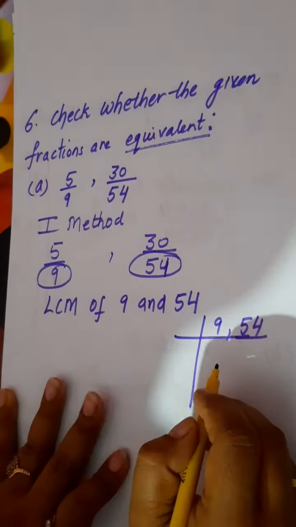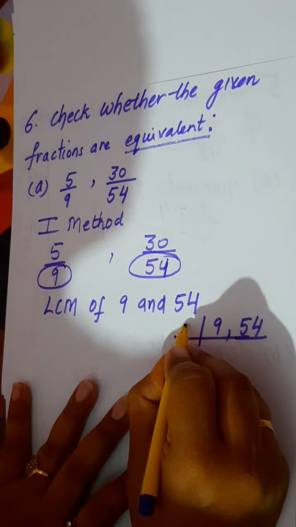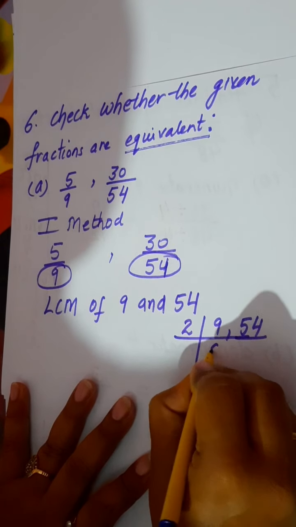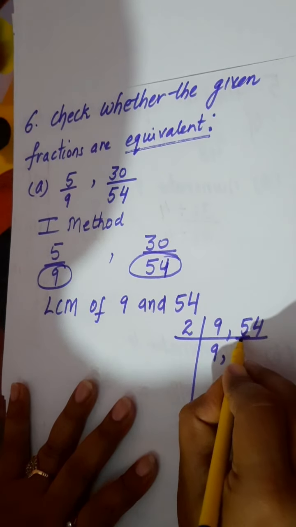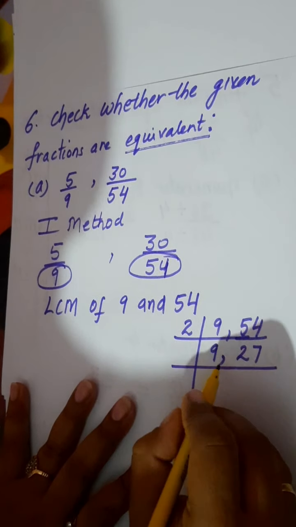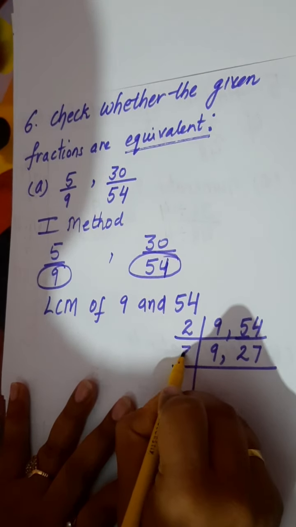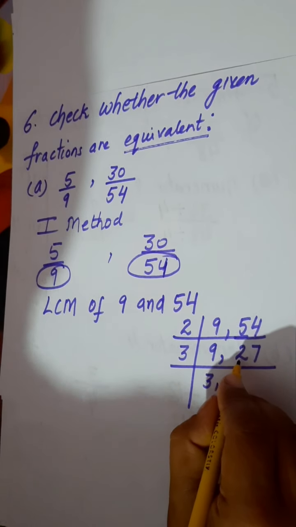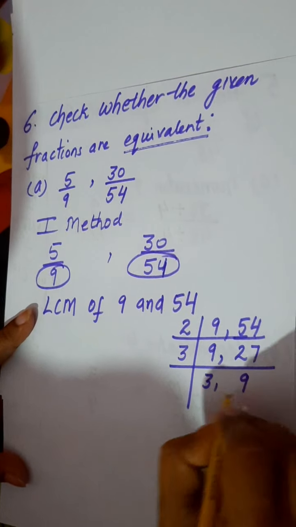Let's take the LCM. I will start from the smallest prime number, that is 2. As 9 is not divisible by 2, I will write 9 as it is. If I divide 54 by 2, I will get 27. Next, both are divisible by 3. When I divide 9 by 3, that is 3. When I divide 27 by 3, I will get 9.